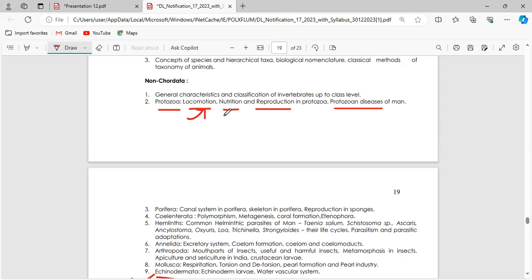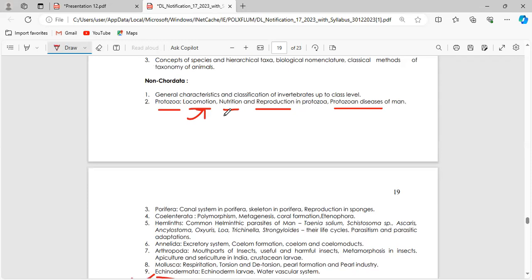In nutrition, there are different types followed by organisms placed under Protozoa: holozoic nutrition, holophytic nutrition, mixotrophic nutrition, parasitic nutrition, and saprophytic nutrition. You should also know which organisms follow which type of nutrition. That is very important.